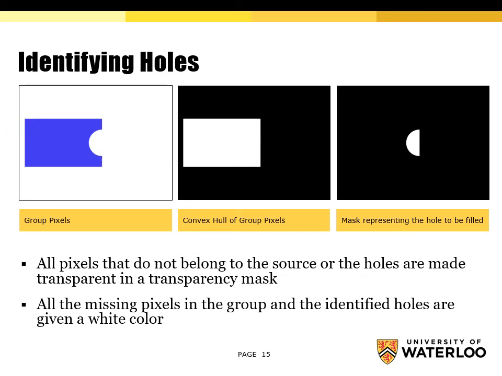The approach that's proposed to do this is by using a convex hull of all the pixels that are present in the layer. The first image here shows the group pixels, and we are supposed to only fill the hole that belongs to the semicircle covering the rectangle and not all the areas which have higher disparities.